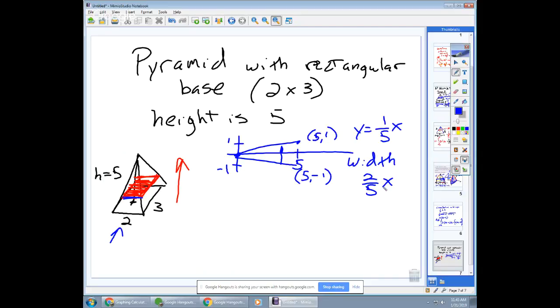For the side of 3, I'm just going to repeat that. It's got to go 5 high. And to get the 3, I'm going to go 1.5 up and 1.5 down. And I'm going to put my base over here-ish.